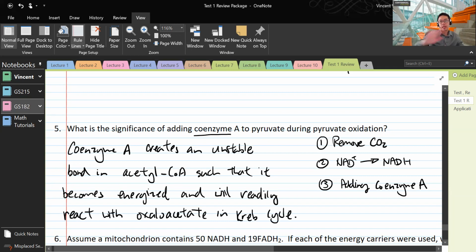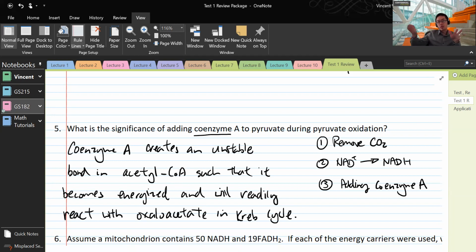Okay, so to put it in plain English, remember after pyruvate oxidation, we're going to go into the Krebs cycle, right? That spins. The first step in the Krebs cycle is taking the acetyl-CoA and combining it with oxaloacetate. Remember, each reaction requires you to supply a little bit of energy, right? The activation energy that we talked about. So we did that in glycolysis. We charge it up with 2 ATP, and it was able to give us some ATP, split the glucose, and then generate some NADH.